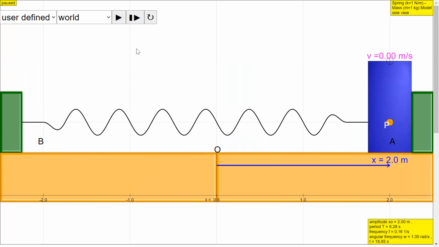Meaning our body is momentarily stopped at point A and at point B. But because of the restoring force that tends to pull the body to the equilibrium position at point O, it will overshoot.